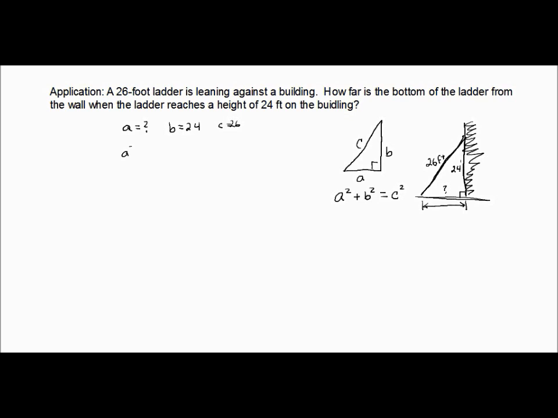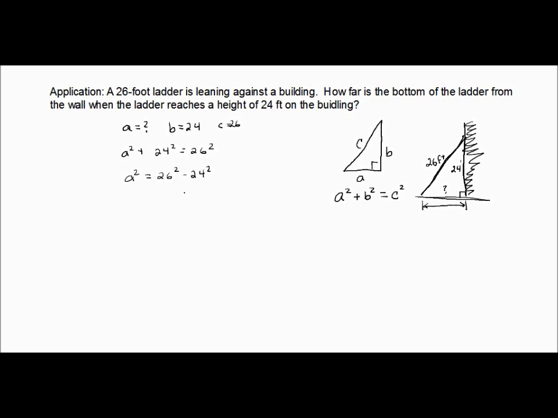a squared plus 24 squared will be equal to 26 squared. Let's work this through. a squared will equal 26 squared minus 24 squared. All right, so what are our values right here? Well, if we were to take 24 and square it, what do we get?